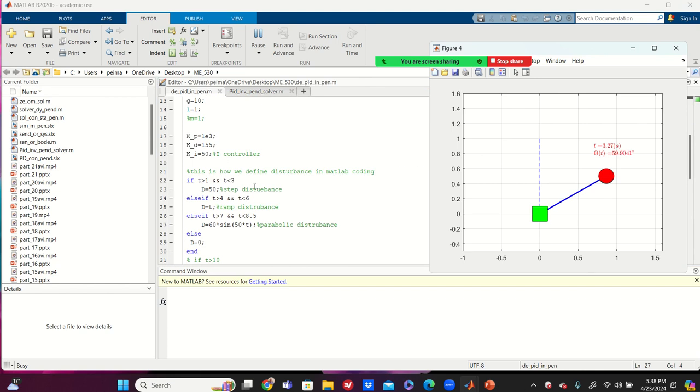The first disturbance was between 1 and 3 seconds, a constant 50, then between 4 and 6 a ramp, then between 7 and 8 a harmonic disturbance. But our controller is very strong and finally goes to 60 degrees. I want to stop at 9 seconds.